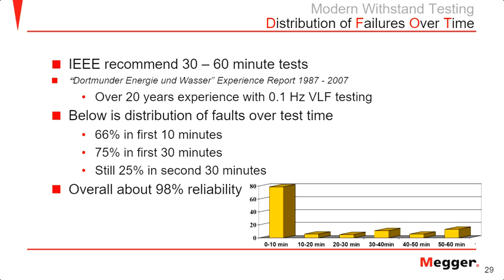But sometimes what happens is, let's say a water tree is growing during that VLF test in the 30 minutes, and it was supposed to fault at, let's say, the 40th minute. Then you have already grown it to a level that it is now critical.